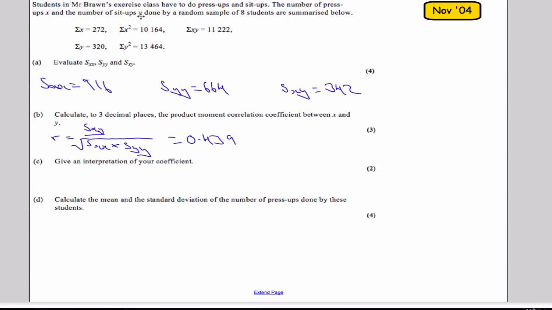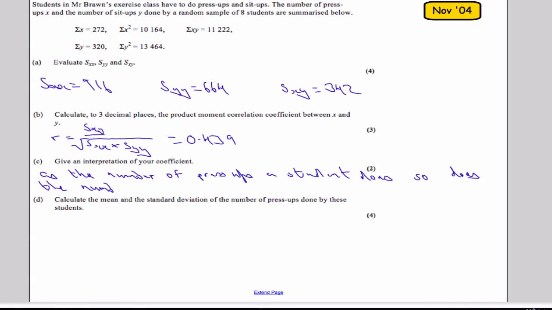The number of press-ups is X, the number of sit-ups is Y. So what it would suggest is that as the number of press-ups a student does increases, so does the number of sit-ups. So if you do more press-ups, you're likely to do more sit-ups.